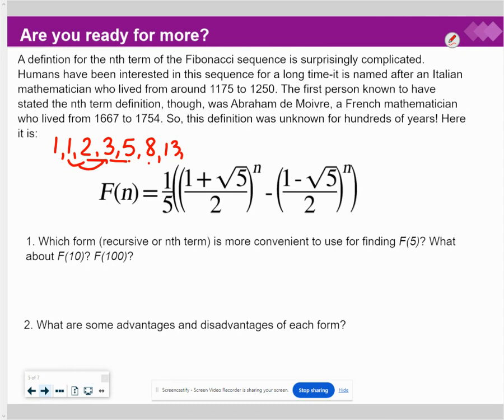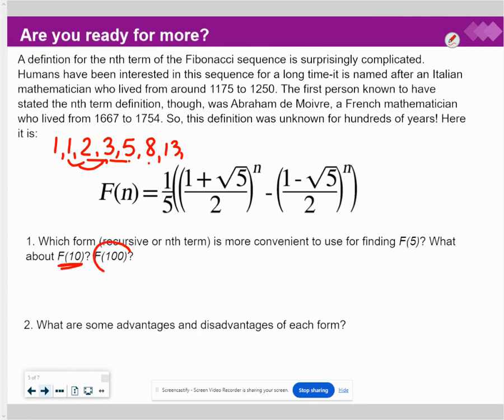So number 1 says, for which form, recursive or nth term, is more convenient to use for finding f of 5? Well, I guess f of 5 wouldn't be that difficult to do with the recursive form, because you can just list them out for that one. Even for f of 10, finding the 10th term in the sequence, not that hard with the recursive form.